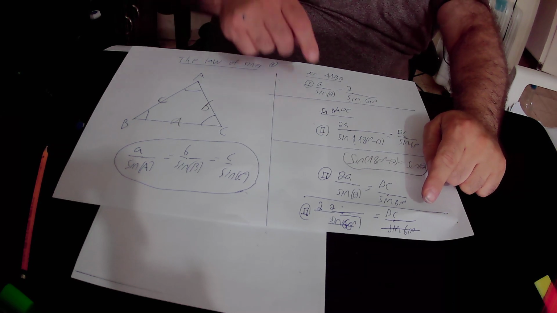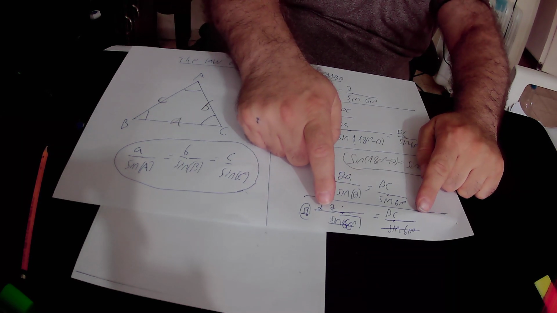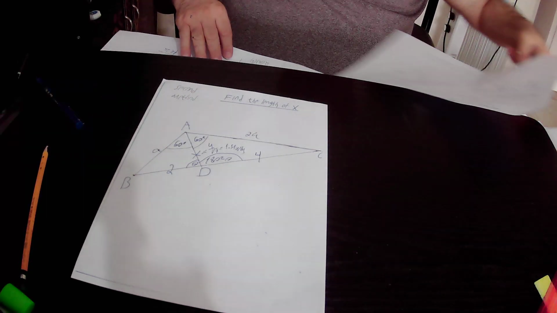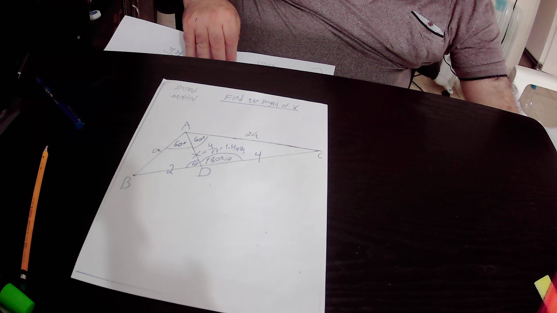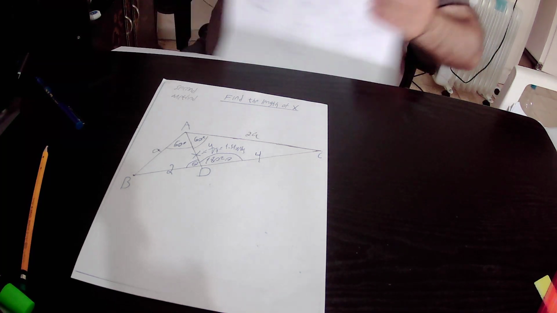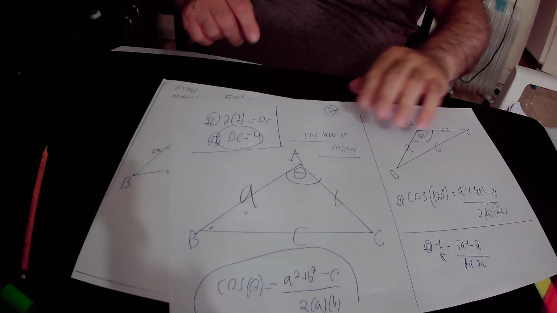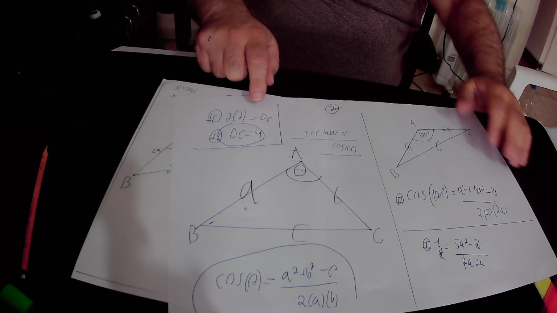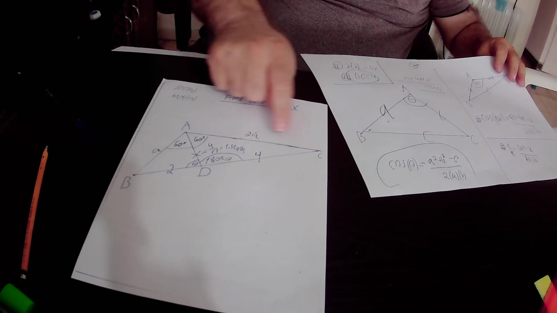Here we have sine 60 degrees on both sides of the equation, so sine 60 degrees gets cancelled. What is left is that 2 times 2 equals DC. That is to say, we found that DC equals 4 units.